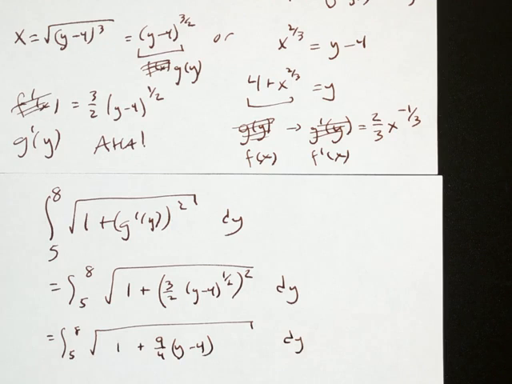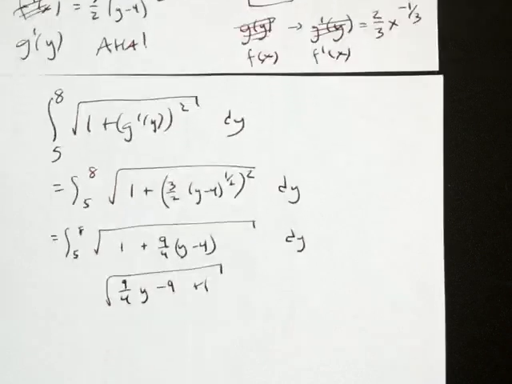I bet if you multiply that out, that's just a linear thing in y, right? That's a u substitution. It's going to work. So I got the square root, 9/4 y minus 9 plus 1. Yeah, when you multiply through, absolutely. That's going to be a nice, easy square root to deal with. Yay.